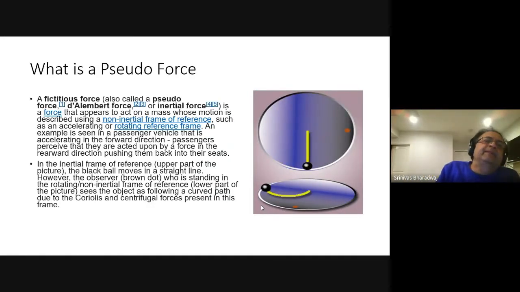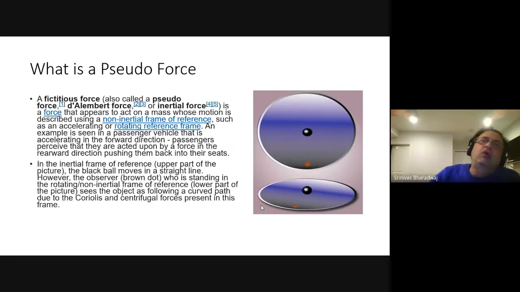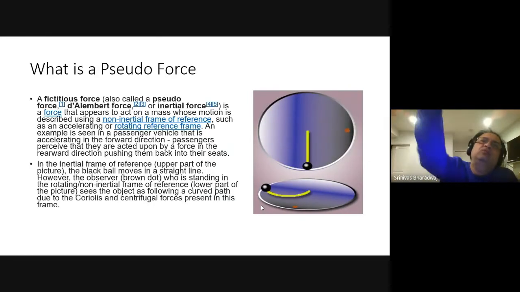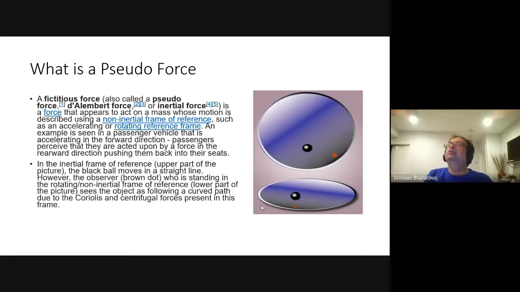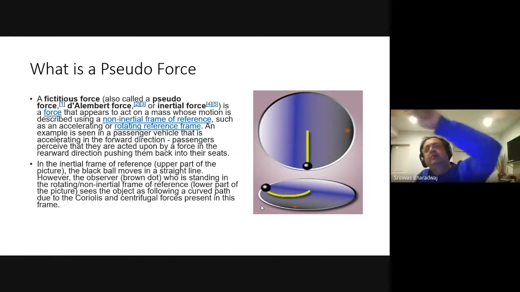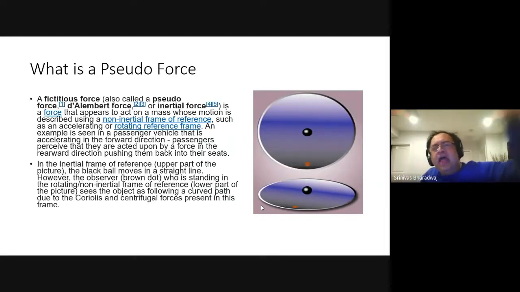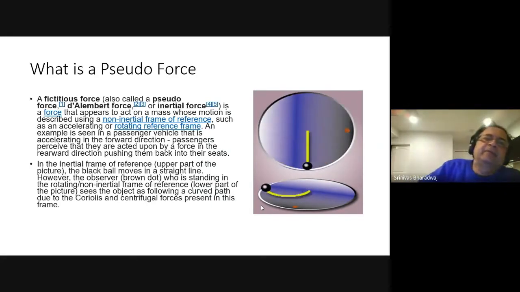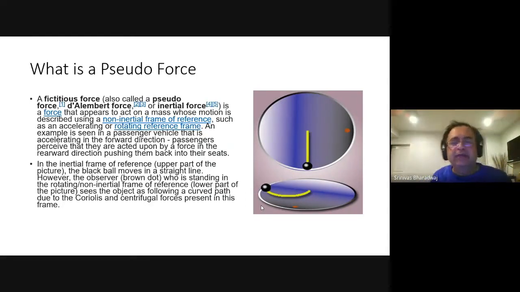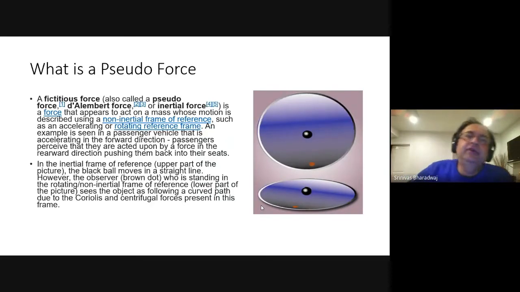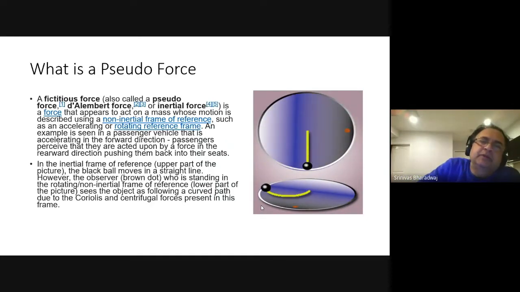Now, if your train is accelerating and you want to convert what you are seeing into an inertial experiment, then what you have to do is put a minus A on every object on the other side. And we call that D'Alembert's principle.